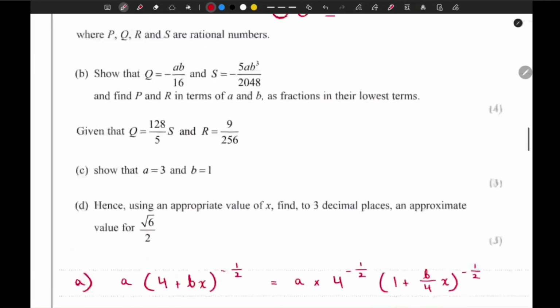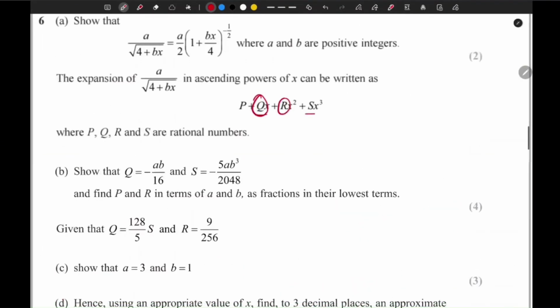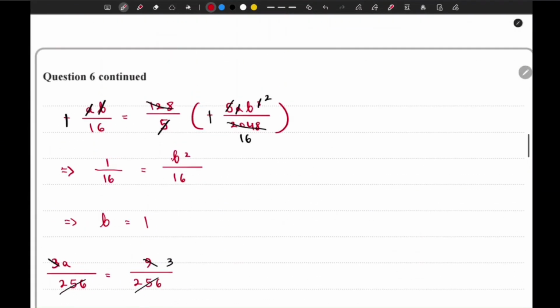Now moving on to the next part, we need to use an appropriate value of x to find an approximate value for root over 6 divided by 2. Let's first write down the expression.